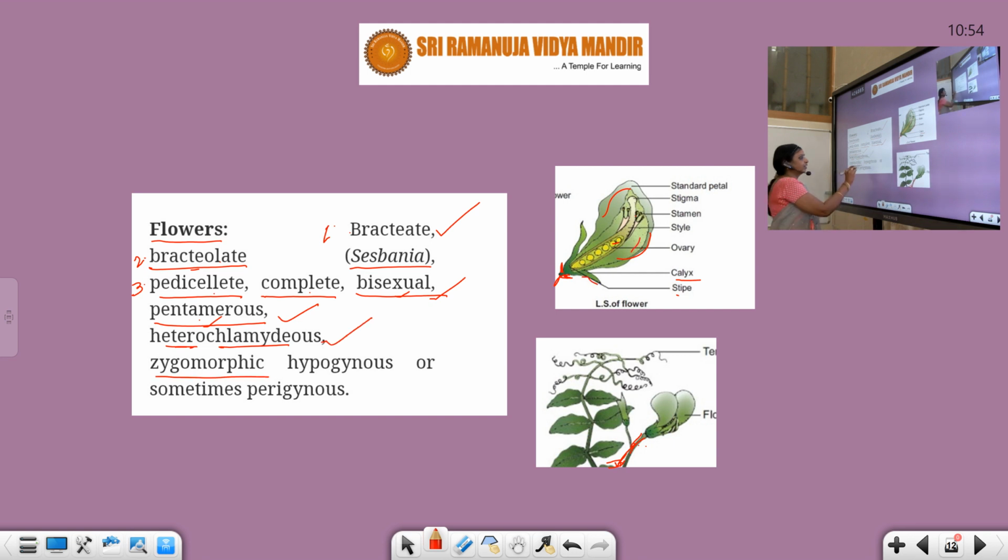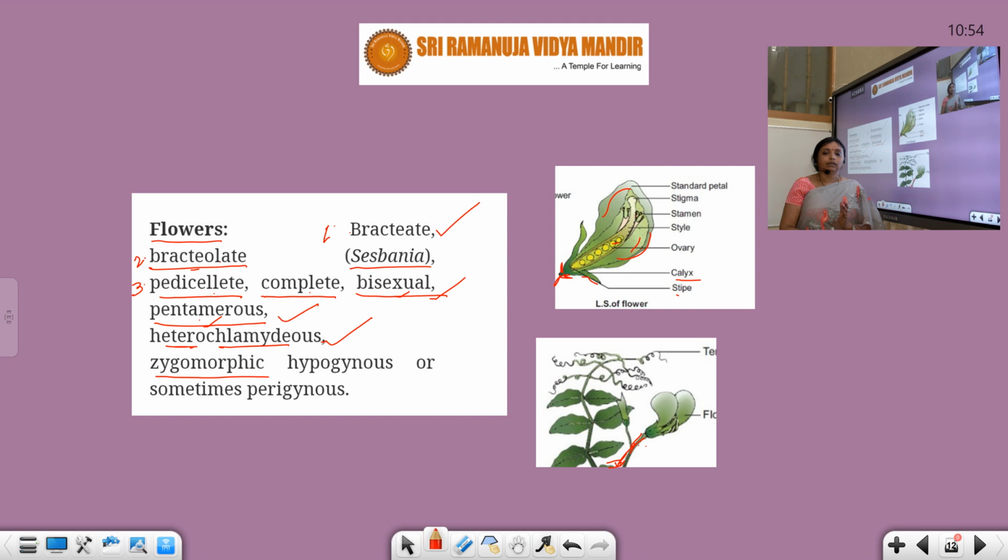Zygomorphic means, as we saw in symmetry, when a flower is cut, it can be divided into 2 equal halves by only one plane, passing through the center.